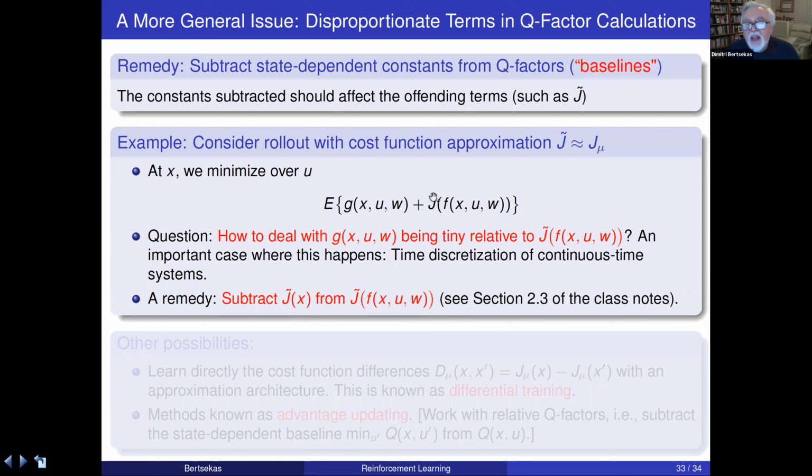And that makes the corresponding difference term comparable to the first stage term. And then that sort of corrects the problem to a great extent. Now, all of this is in your class notes in section 2.3. We haven't covered it before in class, but it's in the class notes and you can see the details there.